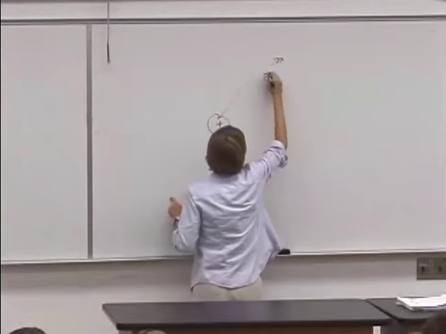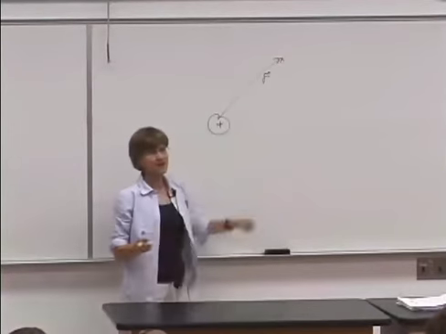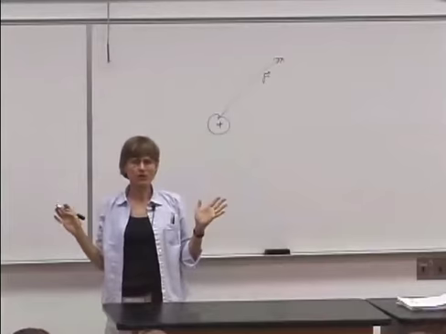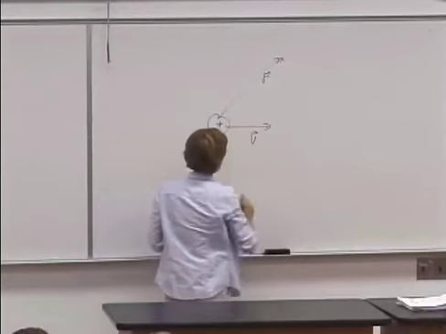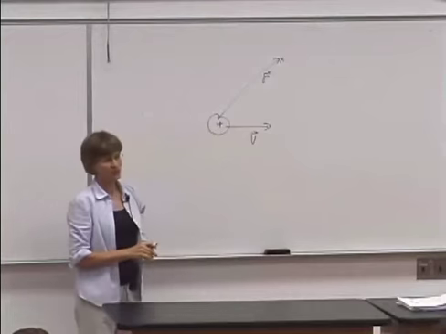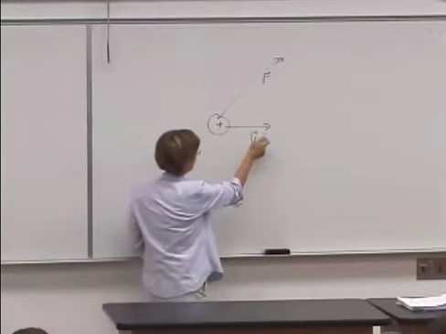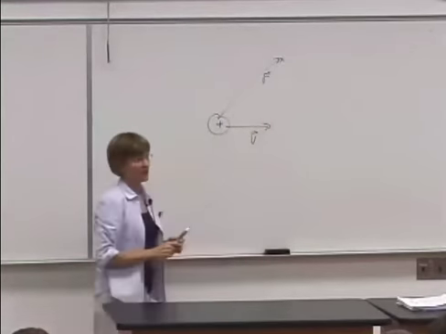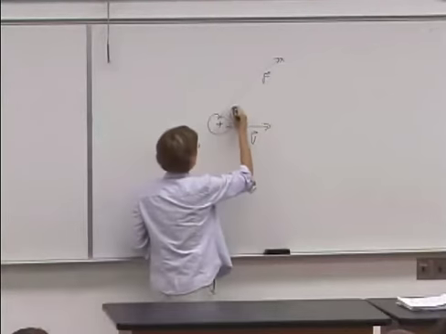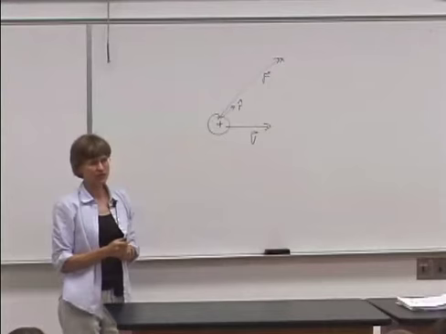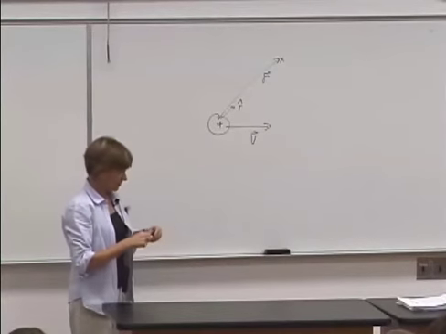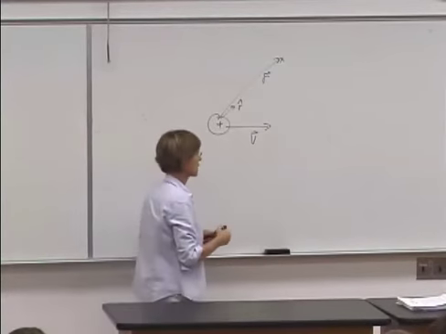So that's the R vector. But now the velocity of this particle matters. And so we're going to need to consider the velocity. And it's the relationship between the velocity of the particle and the R vector, or really R hat, that's going to be involved in giving us the magnetic field at a location.